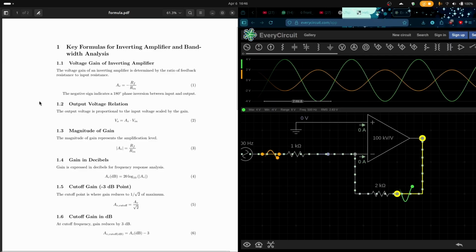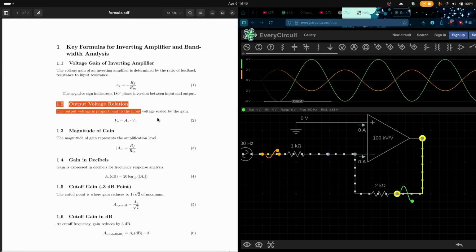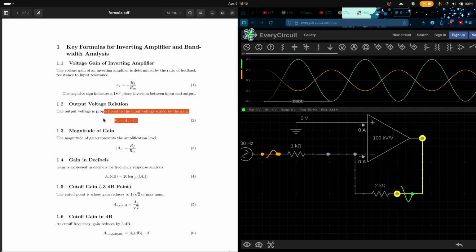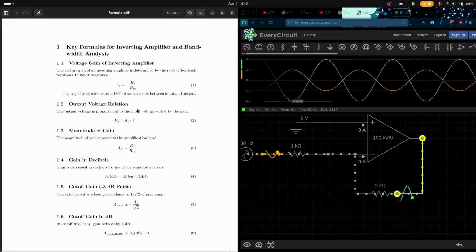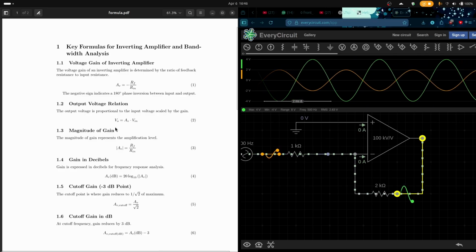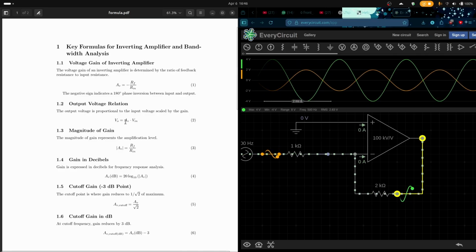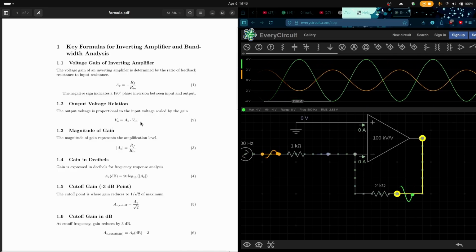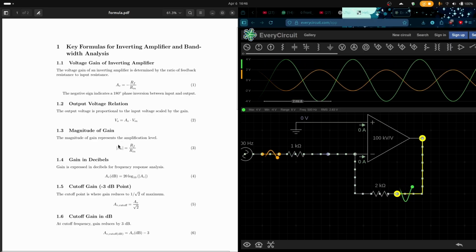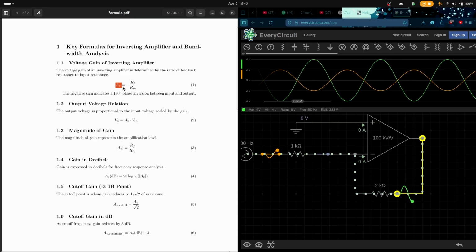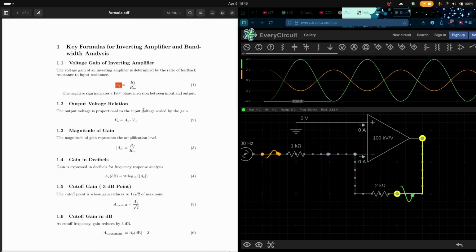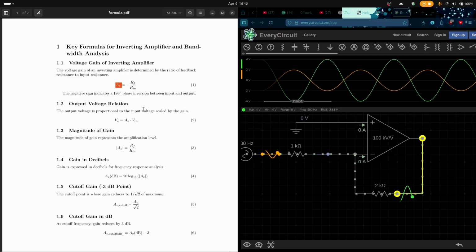There are many relations which I have given here in this formula book, which you can use to derive this relation, such as the Vout upon Vin. And that directly gives us the gain equation, which is Av equals minus Rf upon Rin.